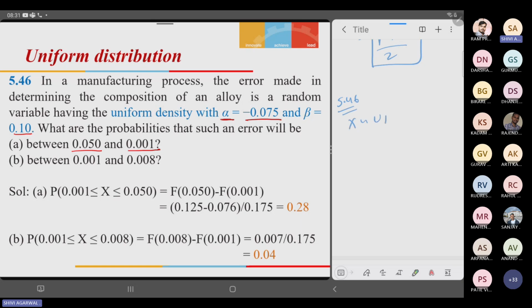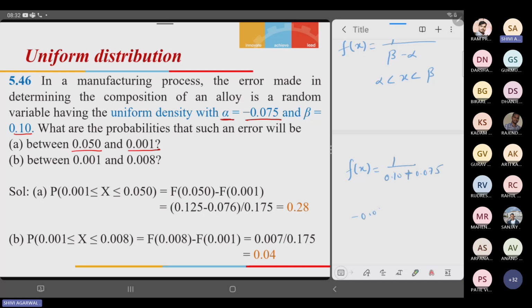X follows the uniform distribution with alpha minus 0.075 and beta 0.10. So the density function will be 1 upon beta minus alpha in the range alpha less than x less than beta. We are using the same concept. So f(x) will be 1 upon 0.10 plus 0.075 in the range minus 0.075 less than x less than 0.10, otherwise it is 0.